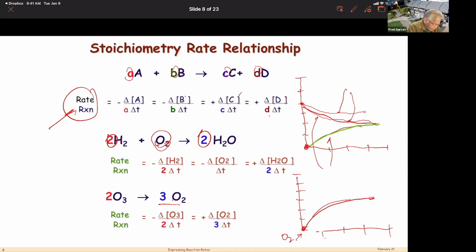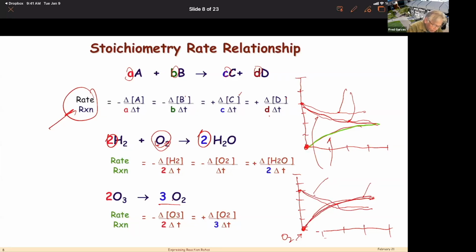And then for ozone, let's take a look at that. We can start right here, but it's going to be looking like that. Okay, this is about 2/3 the size of that.